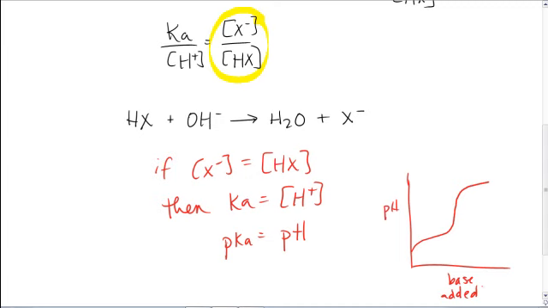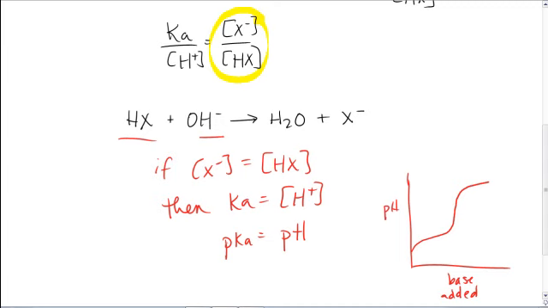In theory, no. At the equivalence point, all of the HX and all of the OH- will be gone. So we will have X-, but we won't have any HX. So when, we still have to have HX left, when will we have an equal amount of HX and X-? It must be before the equivalence point.